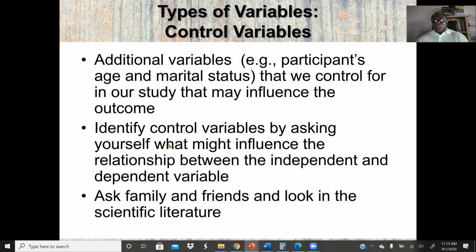Identify control variables by asking yourself what might influence the relationship between the independent and dependent variables. That was the example I was giving about lung cancer and cigarettes: maybe genetics, nutrition, physical activity can modify or have an effect on the outcome.